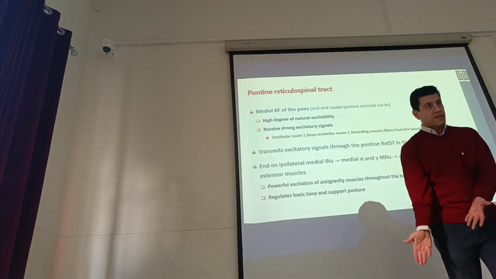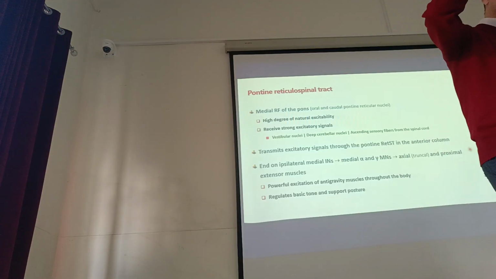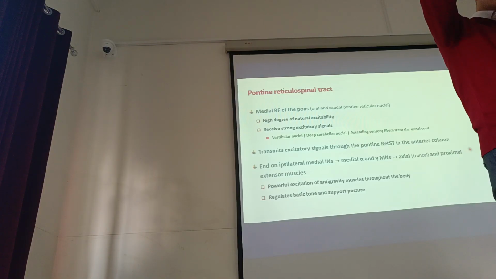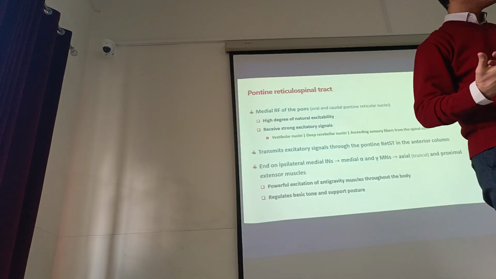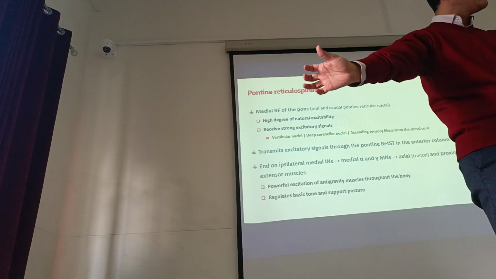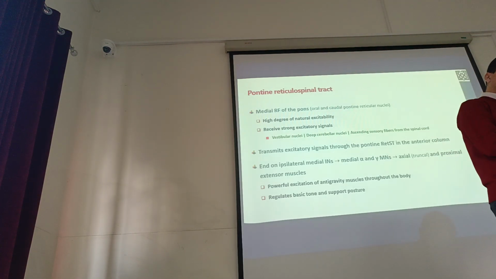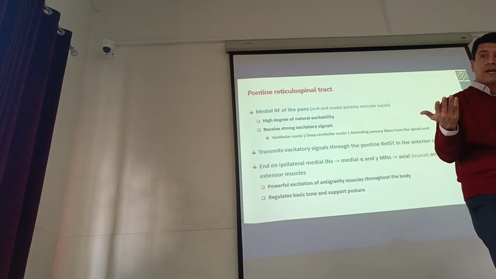So in the first part of this session, I told you that in the pons, we have bulboreticular facilitatory region that goes down, which has gamma motor neurons. Gamma motor neurons activate muscle spindles, right? Muscle spindles activate alpha motor neurons. Alpha motor neurons cause partial contraction of the muscles. I told you, this is called tone, right?